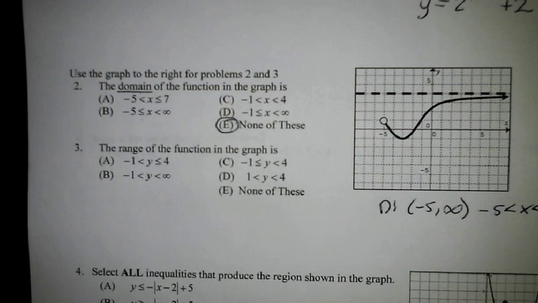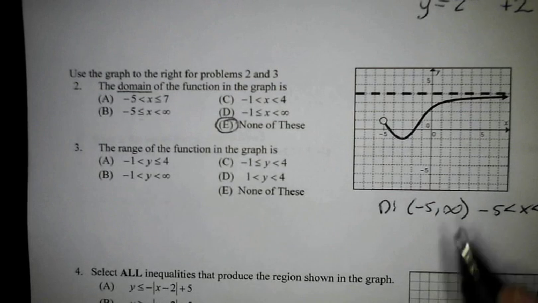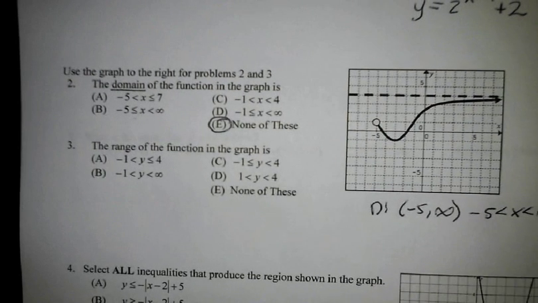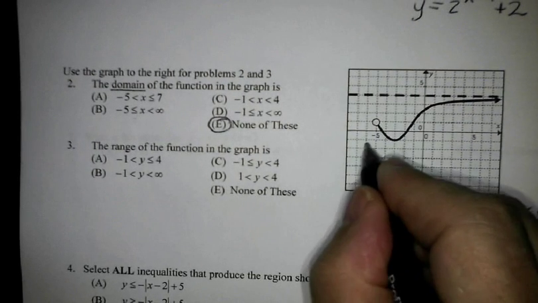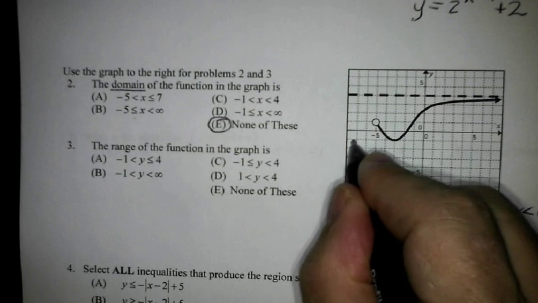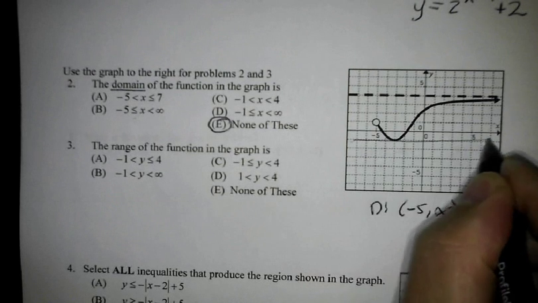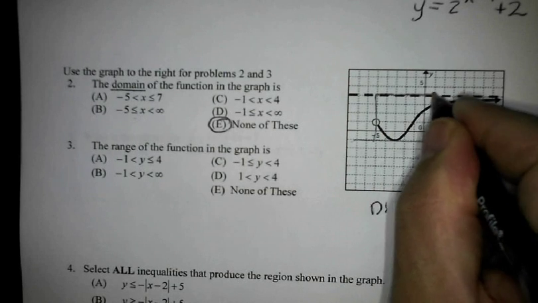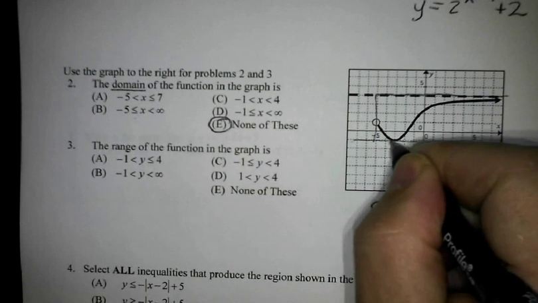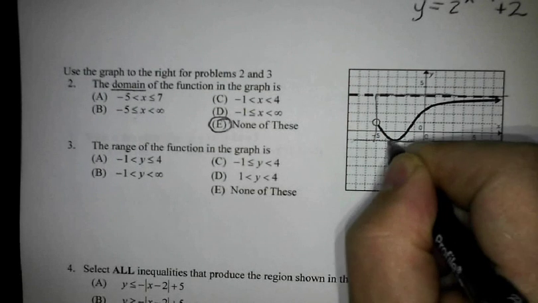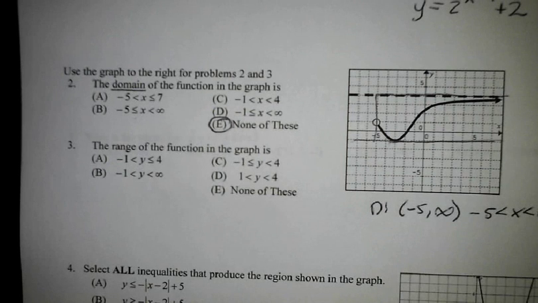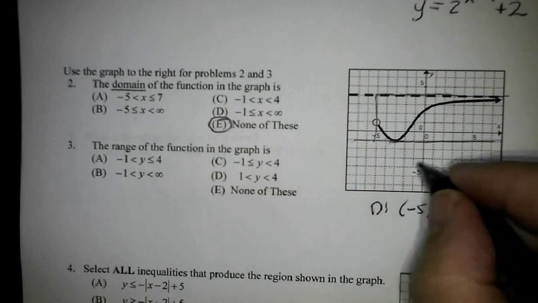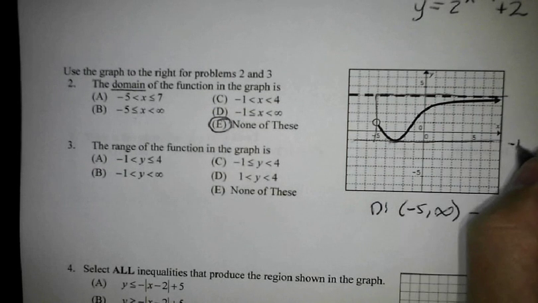Okay, now we're going to look at the range. When I look at range, these are the y values. So imagine kind of drawing out a box. If I was to structure this, this is what it looks like. Now, it does hit that bottom spot. So my lowest point on my y values is -1.